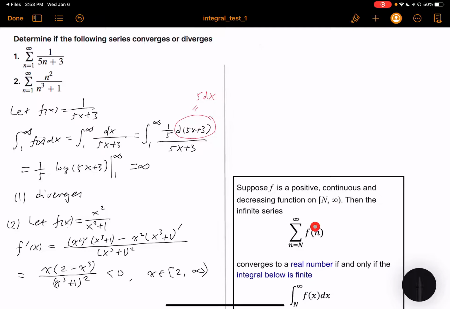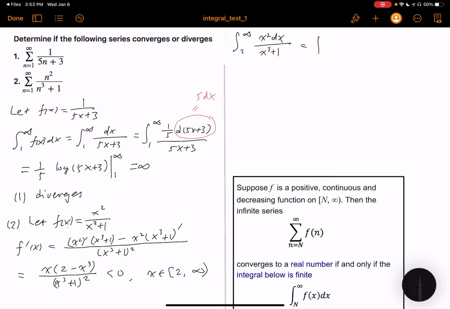Now, to figure out whether this series converges or not, we just need to look at the integral here. So basically, we have to look at the integral from 2 to infinity of f(x) dx, which is x squared dx divided by x cubed plus 1.